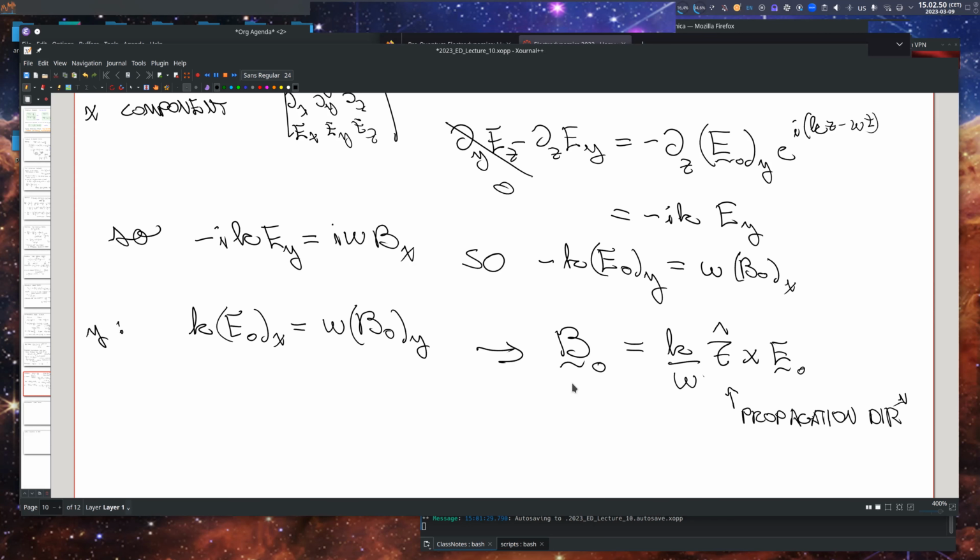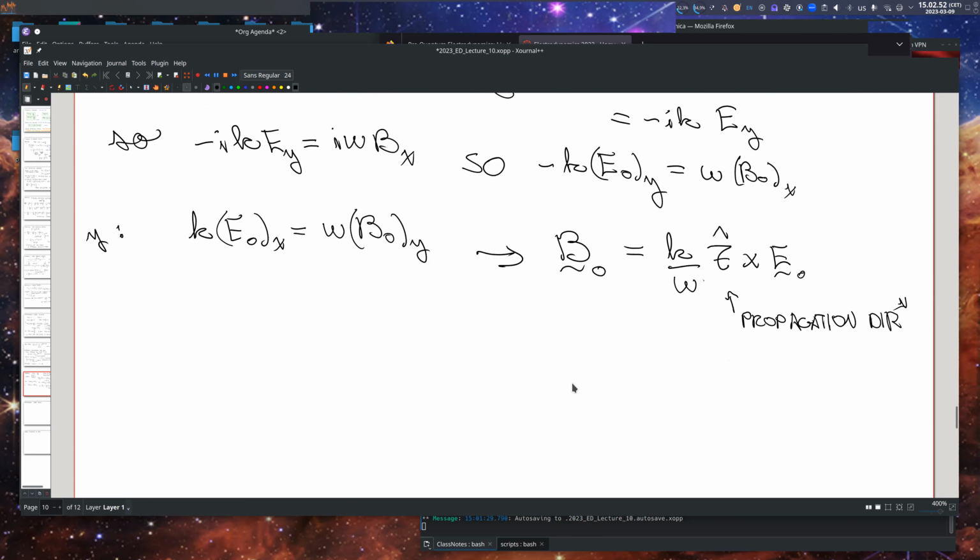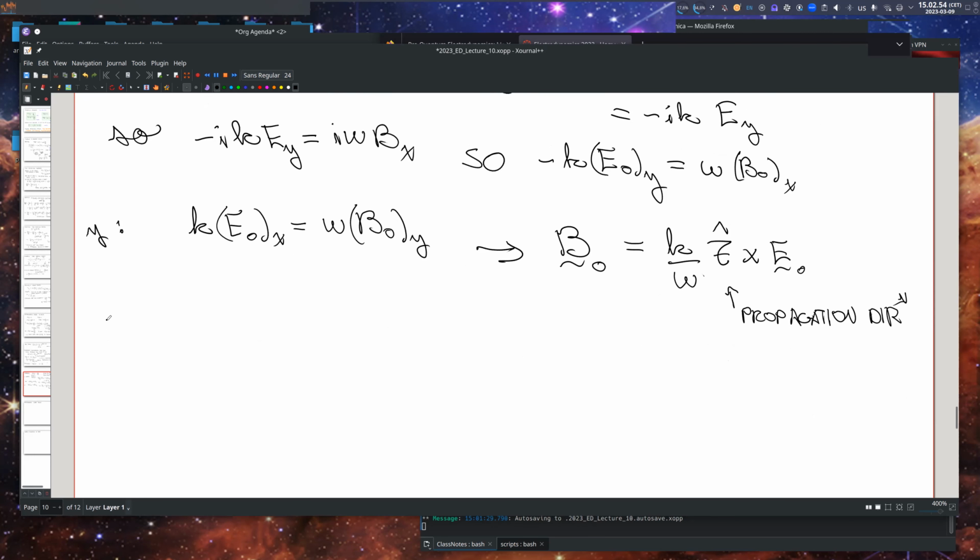So that's how we write a plane wave. So for a general plane wave, again, monochromatic. You all know what monochromatic means, right? So single color, namely single frequency.